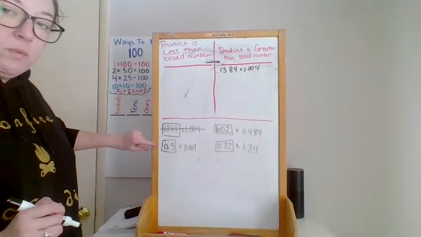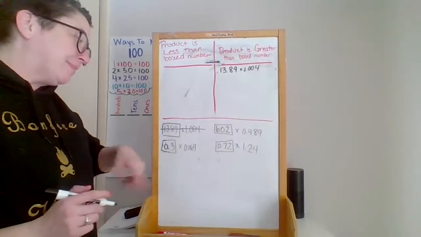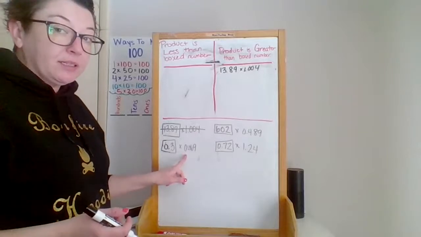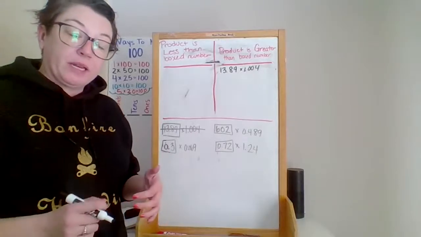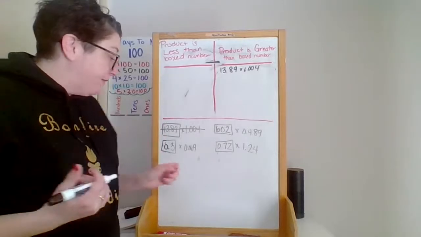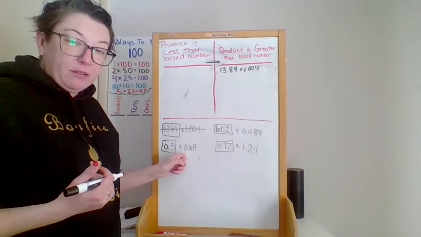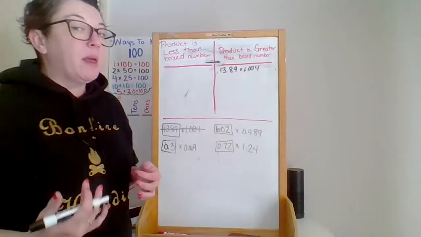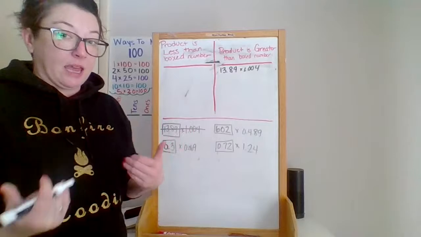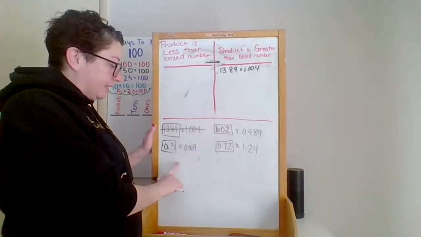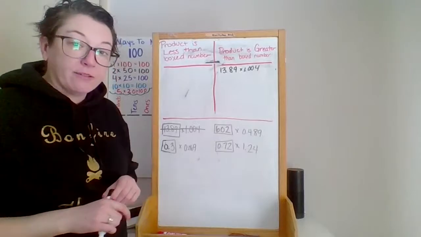Now, if I look at my next one, I have 3/10 times 69 thousandths. I don't have a whole number here, so that's an easy way for me to tell that it's less than 1. I don't have one whole. When we're dealing with decimals, if you have a 0 in the ones place, you automatically know that it's less than 1 whole. So 3/10 times 69 thousandths.